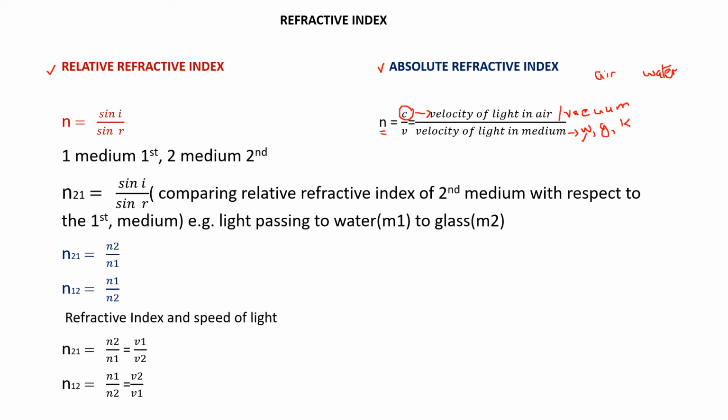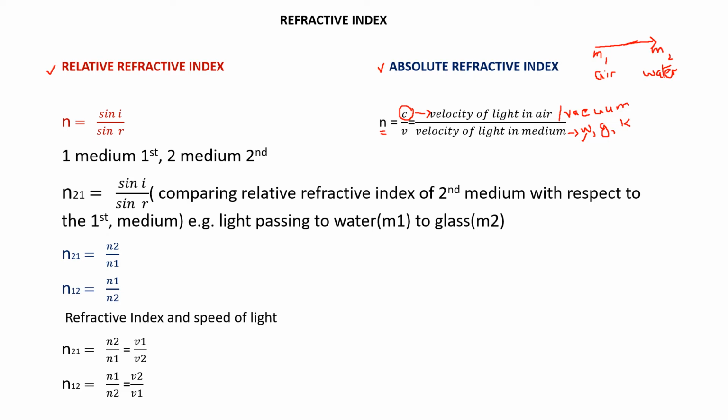This is my medium 1 because light is passing from the medium air to medium 2, water. So from air to water light is passing. This is my medium 1 and this is my medium 2. Clear? So you have to be clear which medium is 1 and which medium is 2.